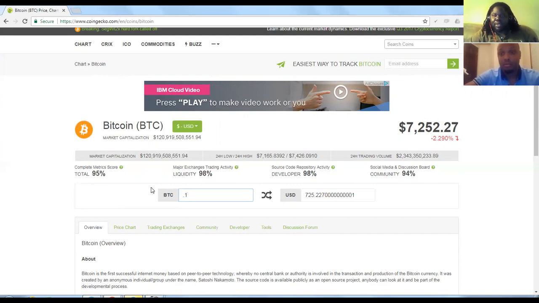Well, right now, Bitcoin is a little over $7,200 for a Bitcoin. And so people say, well, I don't have $7,200. What if I don't have that much to invest? How do I buy Bitcoin? And so they don't understand that although one Bitcoin costs $7,200, you have the opportunity to purchase a portion of that Bitcoin.